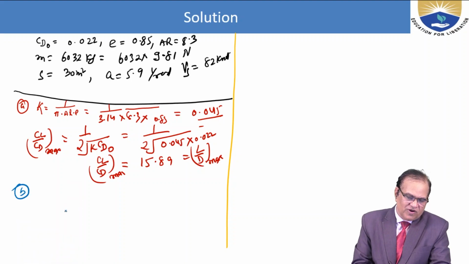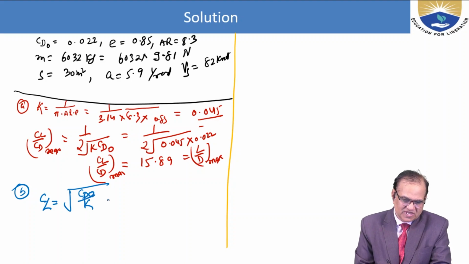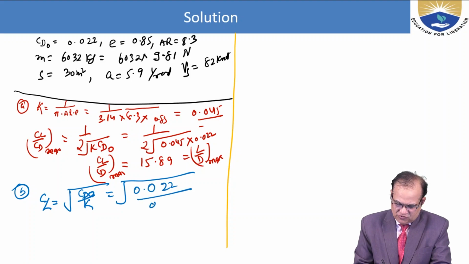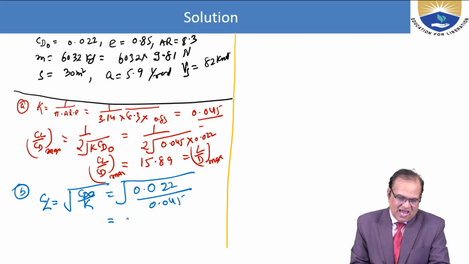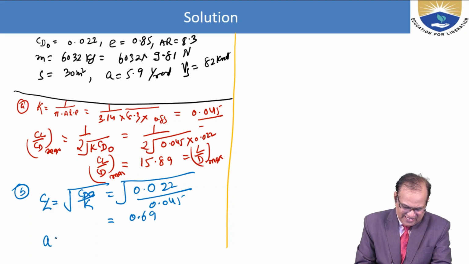Now we will go for the B. We know that coefficient of lift is equal to under root CD naught by K. So under root 0.022 divided by K is equal to 0.045. So this CL I will get here as 0.69. And we know that this A is equal to dCL by d alpha.